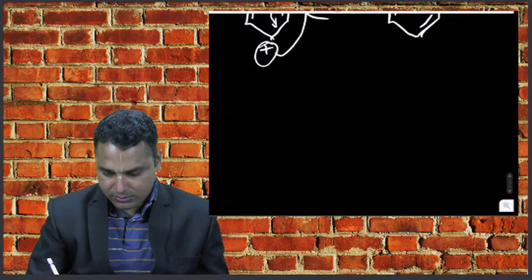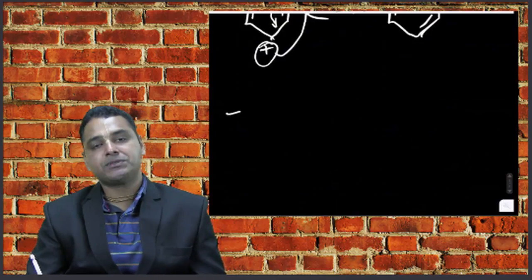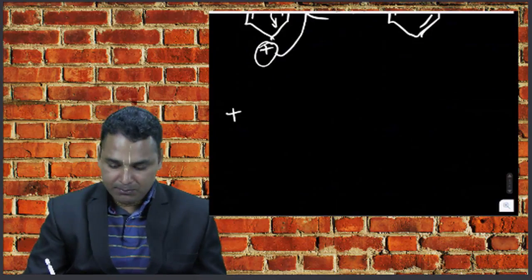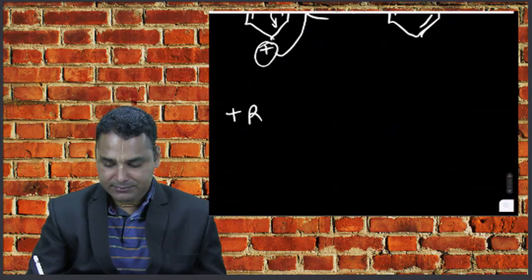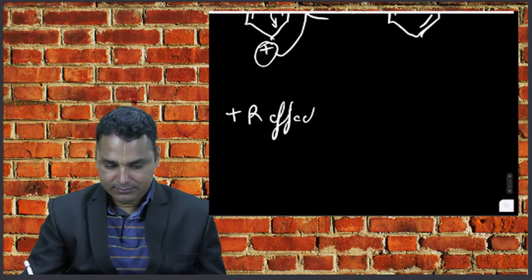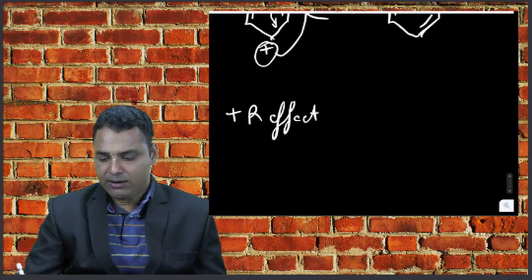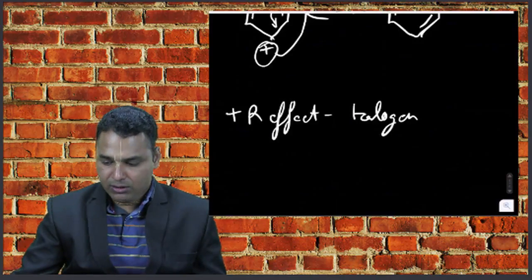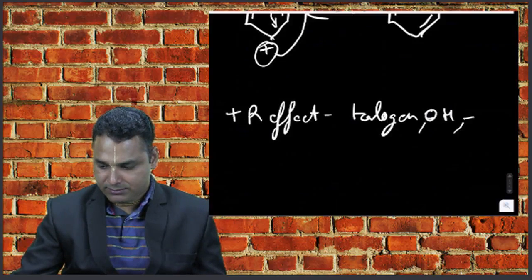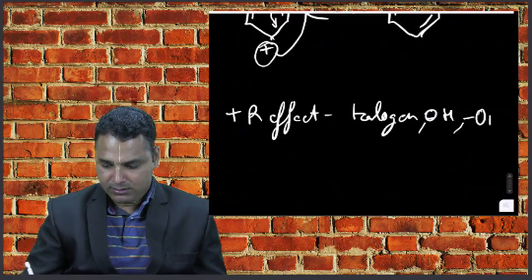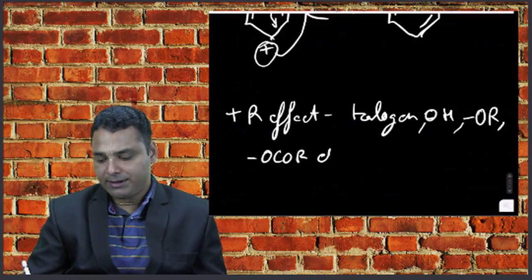The substituent groups which show plus R effect are generally halogens: chlorine, fluorine, bromine, iodine. They are halogens or alcohols, and so on, like many groups, etc. We will not go very deep into this.